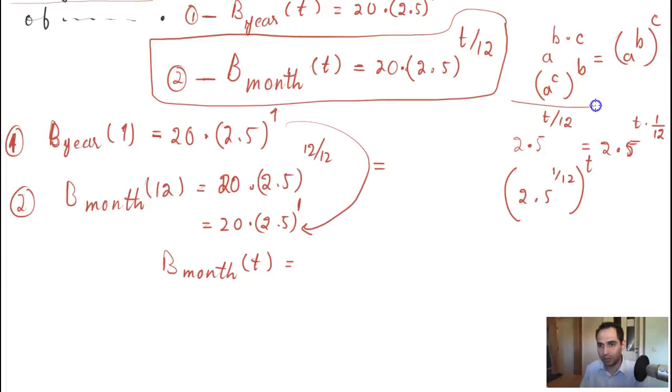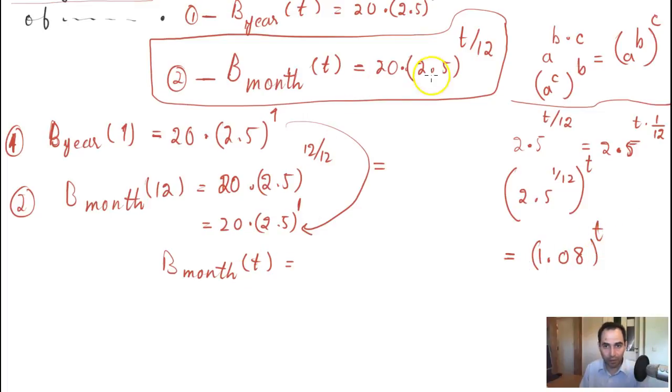So you can write 2.5 raised to the power t into 1 by 12 as 2.5 raised to the power 1 by 12 whole raised to the power t. And 2.5 raised to the power 1 divided by 12 is 1.08, rounded to 2 decimal places. So this would be 1.08 raised to the power t.